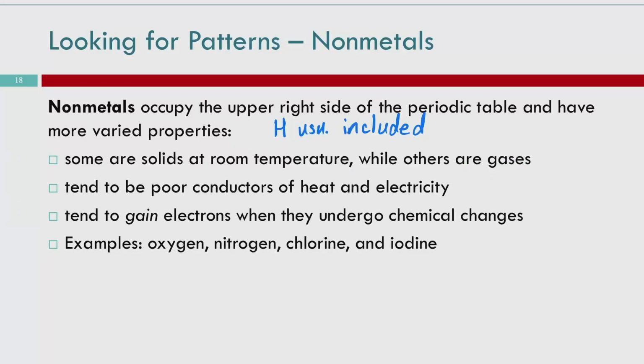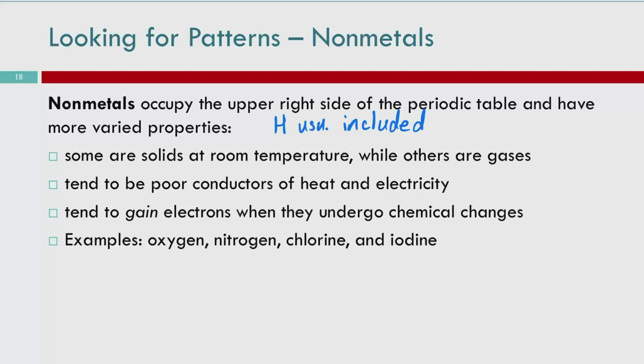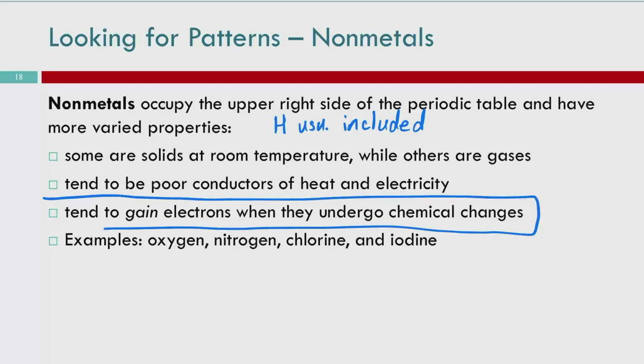Bromine, if you look at the periodic table that we have in the class, has the blue symbol and filled in, and that means that it's a liquid at room temperature. Nonmetals tend to be poor conductors of heat and electricity. That's why we don't use them for wires. And they, importantly, tend to gain electrons when they undergo chemical changes. Examples include gases like oxygen, nitrogen, chlorine, and solid iodine.